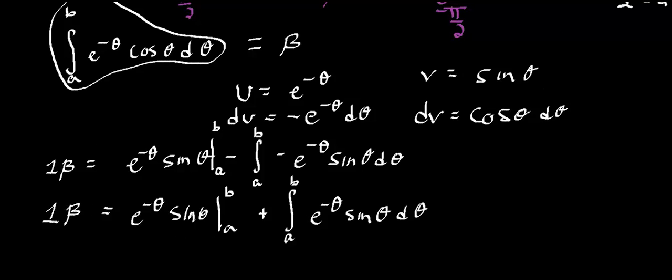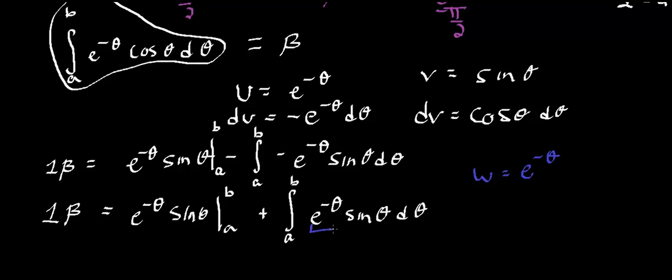Now let me do another substitution, because we're going to have to do it again. You may see that we're not getting anywhere, but we're going to have to do integration by parts a second time, and I promise you we're going to get somewhere. Let w be equal to e to the negative theta.